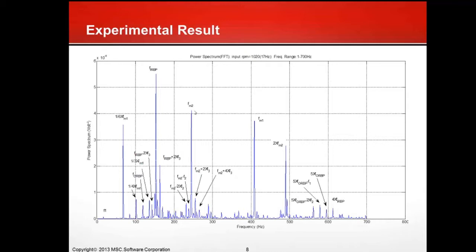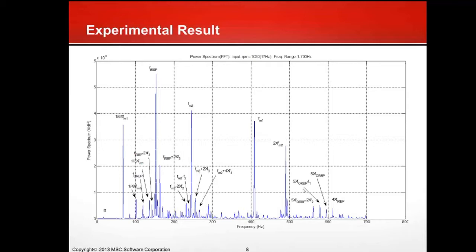For example, the gear mesh frequency of the second stage and the gear mesh frequency of the first stage, and its super harmonic, and the combination of the gear mesh frequency of the second stage plus 2 multiplied by F3. F3 means the intermediate shaft velocity. And the outer race ball pass frequency.